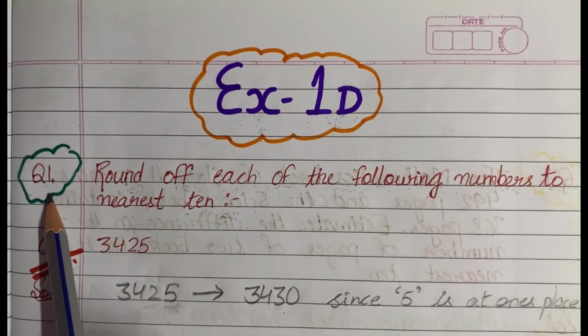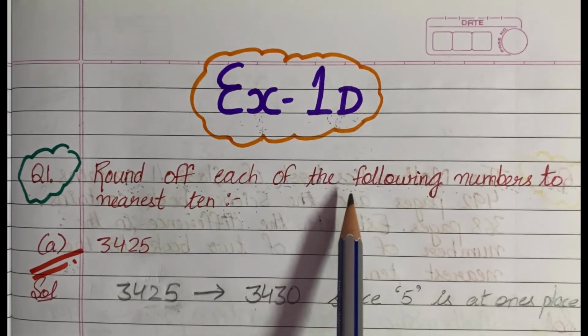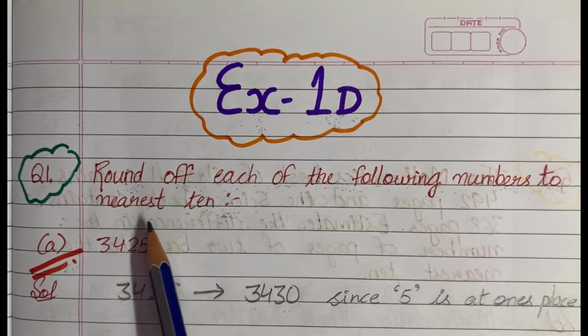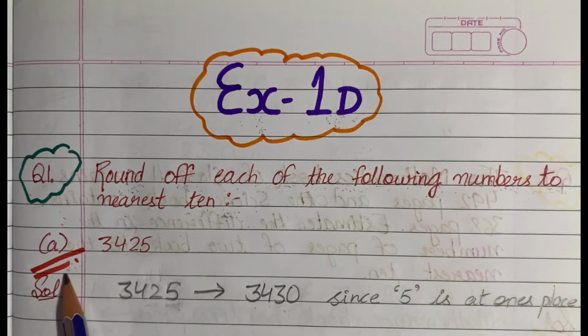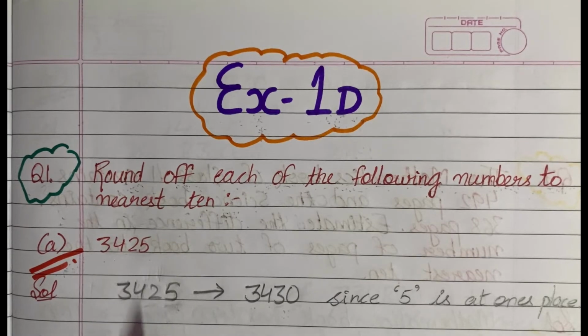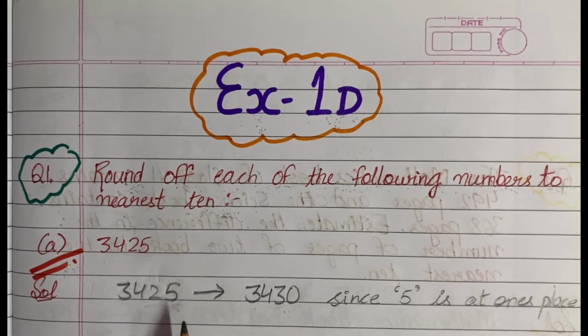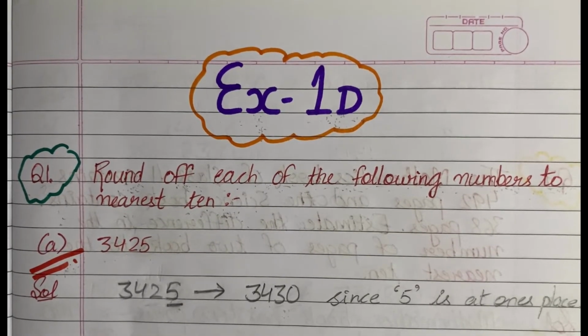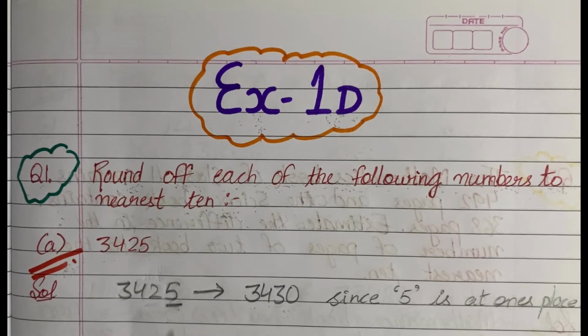Now question number 1 of exercise 1D says that round off each of the following numbers to the nearest tens, and A part says that 3425. Now students, since we want to round off the given number to the nearest tens, we will see the digit at the ones place, and here the digit at the ones place is 5.